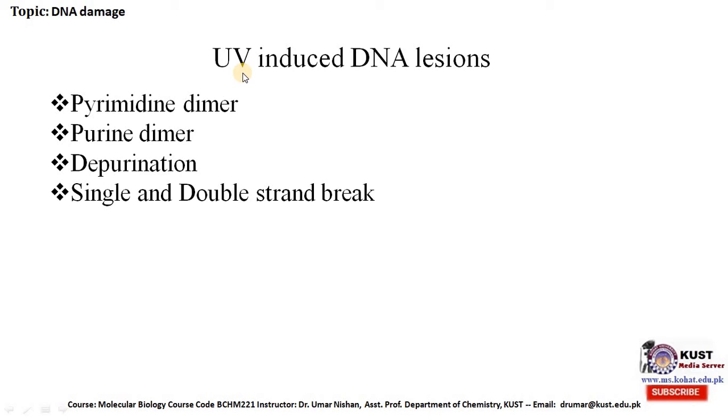So there is a possibility of UV induced DNA lesions. They can be through pyrimidine dimer, possibly through purine dimer, and can occur through the process of depurination. It can occur through single and double strand break.